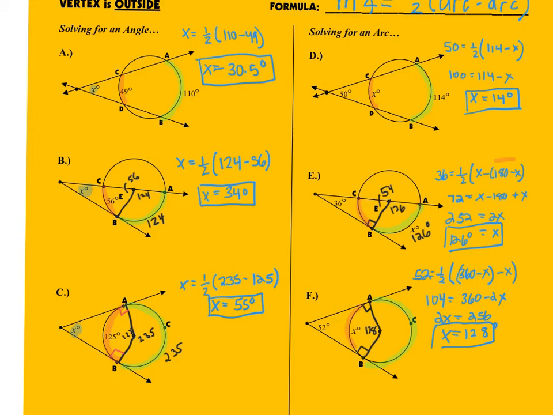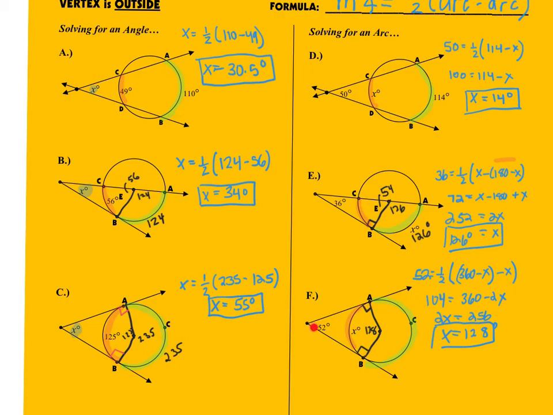Okay. All right, so let's look at letter F. We are looking for this x right here. And so one thing that we could do is draw in this radius here and this radius here. We know that this is 90 degrees and this is 90 degrees.